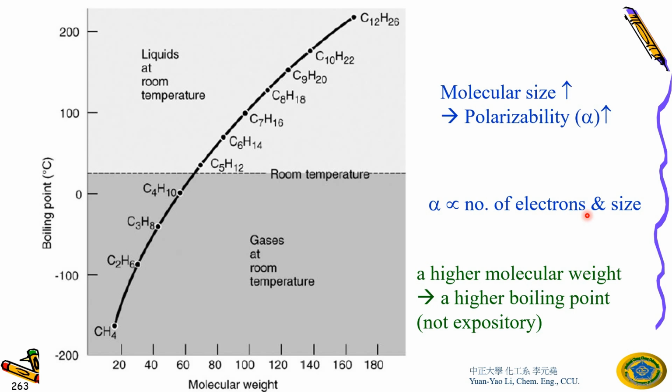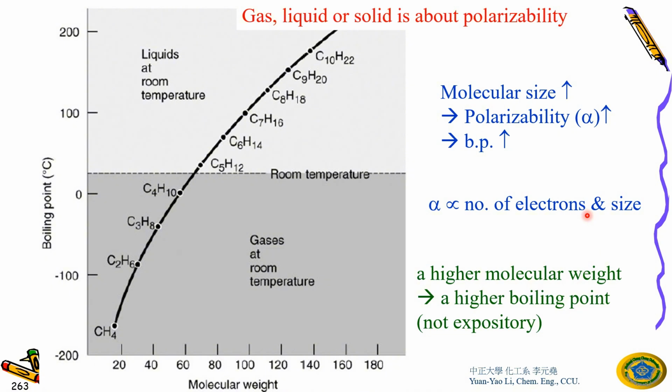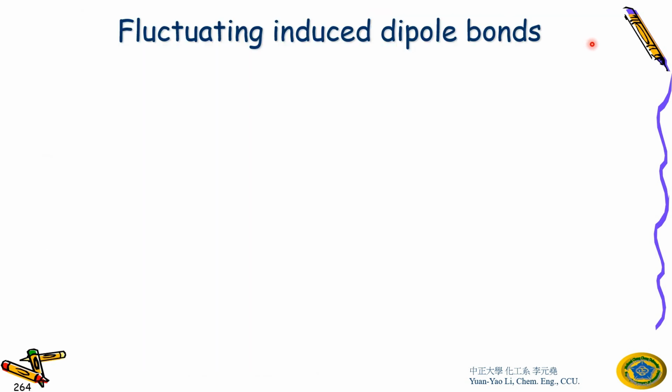And if your polarizability is high, then you have a higher boiling point. So solid, liquid, or gas is about polarizability.